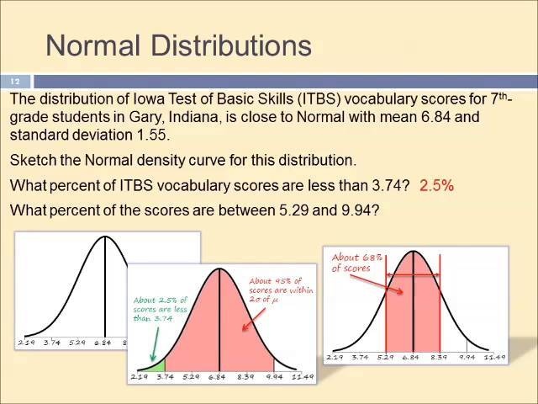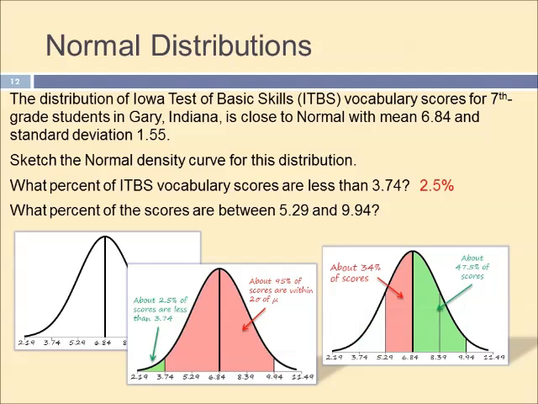Note, because it's symmetric, that means that half of that, or 34% roughly, is between the mean and 8.39 or the mean and 5.29. 95% of the scores are between -2 and +2 standard deviations. So again, because it's symmetric, that means that half the scores are between 6.84 and 9.94.